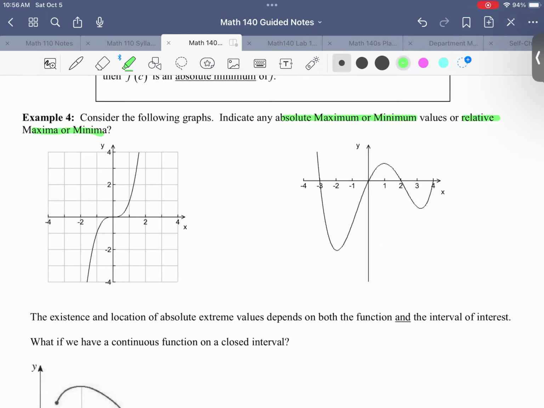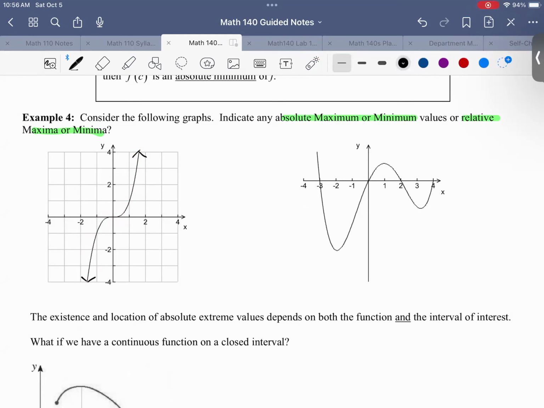If we look at this graph on the left, we're coming from infinity, and to me there's really no max or mins here. There's no relative max. This is not really a max or min because it's just a flat line here, and there's no absolute max or min.